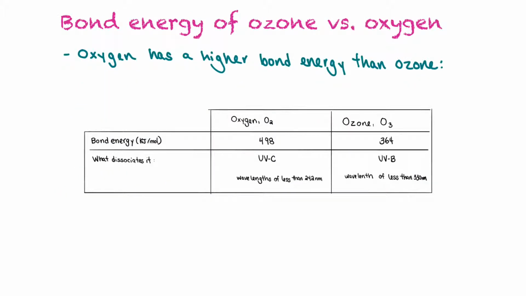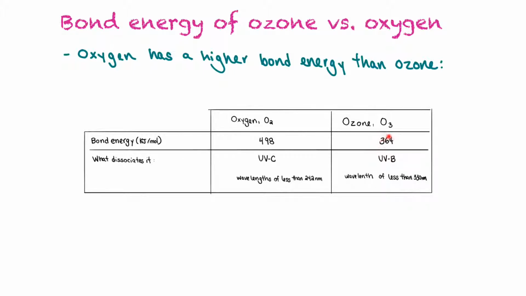So first of all, we'll take a quick look at the bond energies of both oxygen and ozone. Oxygen's bond energy is 498 kilojoules per mole, and ozone's is only 364. So the thing that dissociates oxygen is UVC, and it's dissociated by wavelengths of less than 242 nanometers.